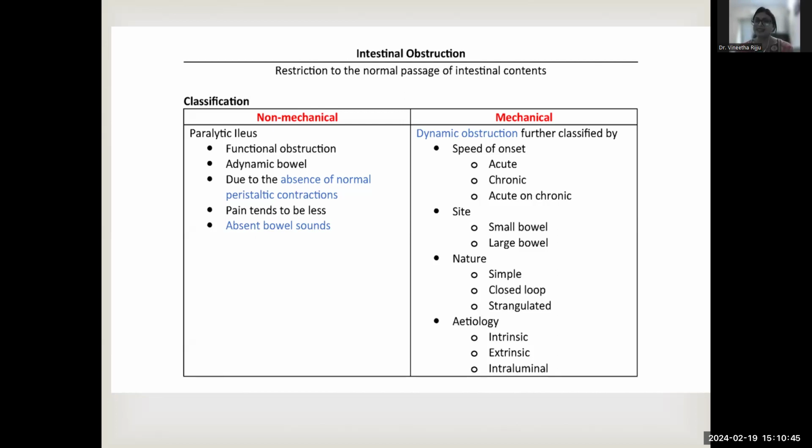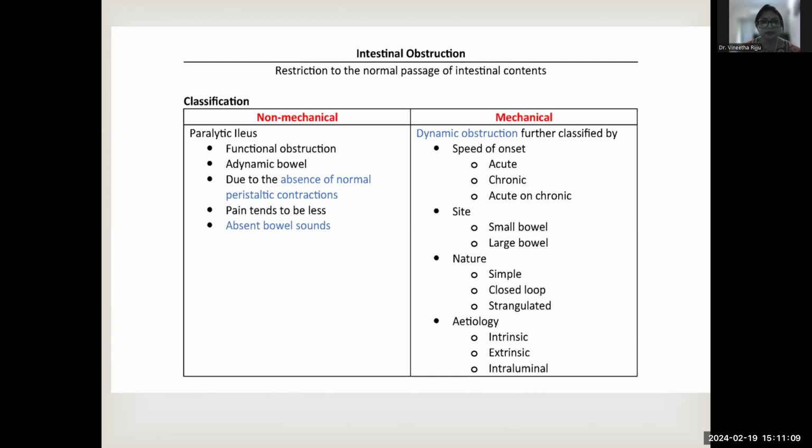The pain is lesser. The bowel sounds are absent when you're trying to check for some signs which will help you differentiate, is this a mechanical obstruction, is this a non-mechanical? So maybe just examining, so much information you can get with it.